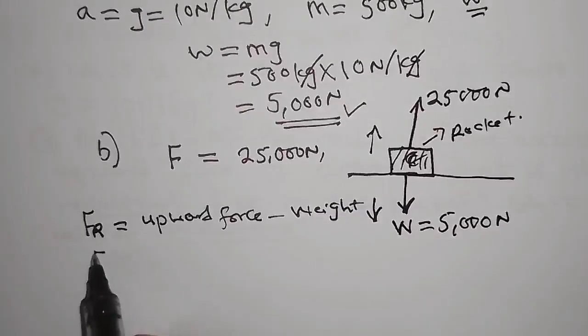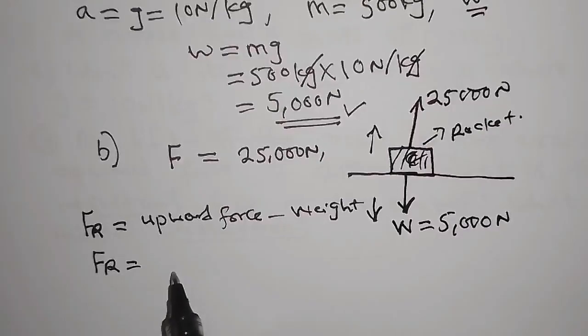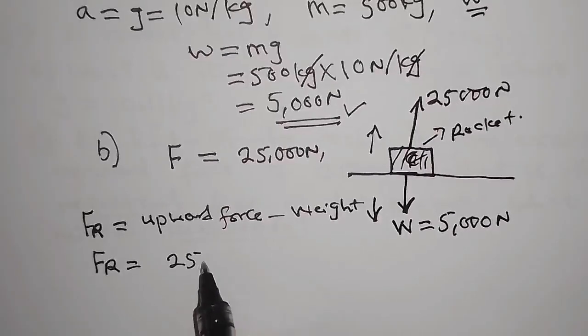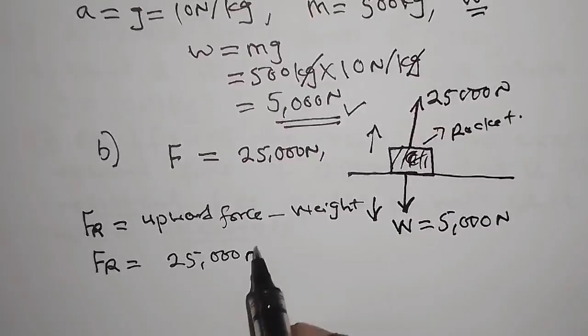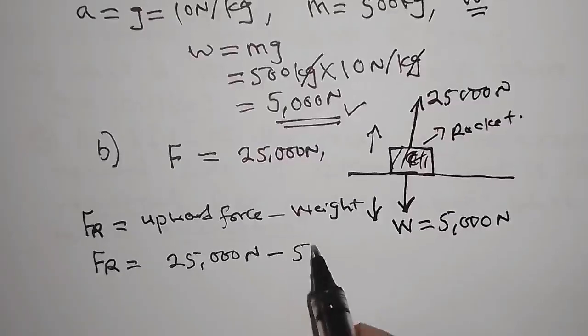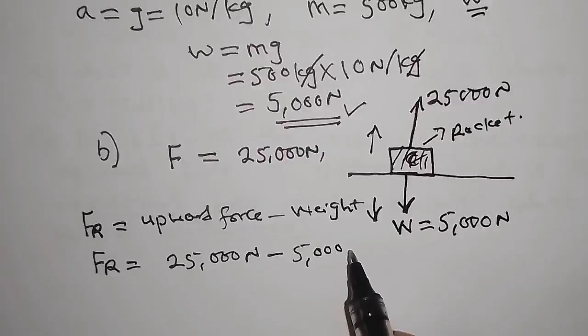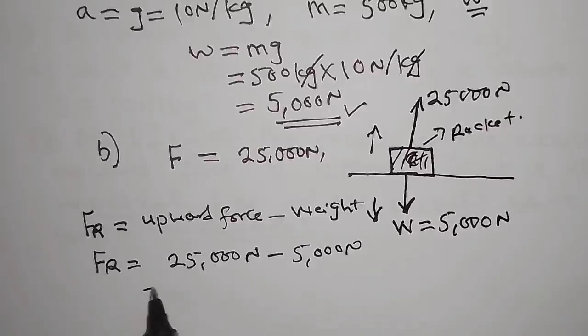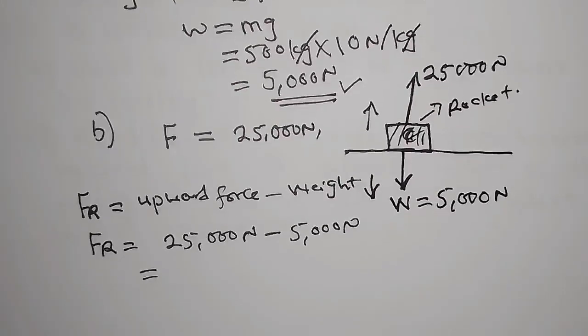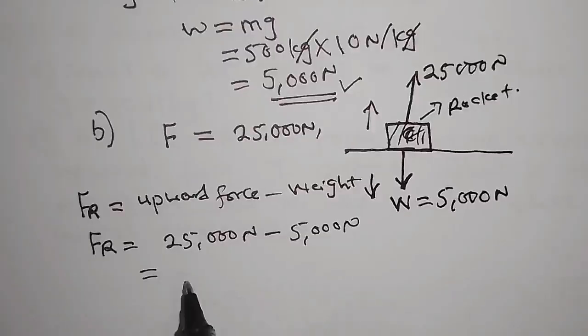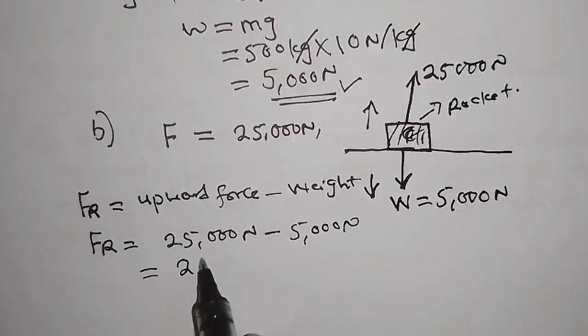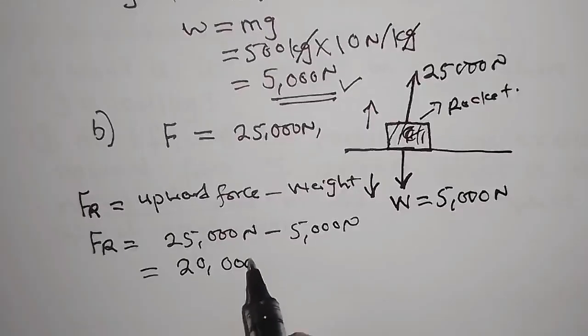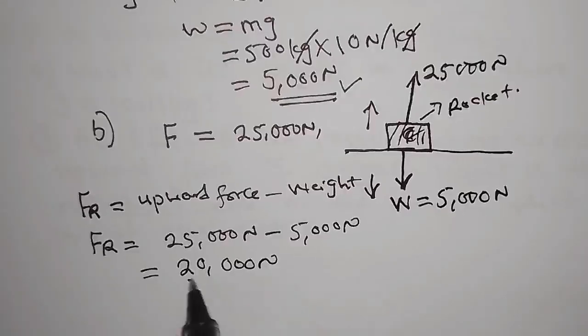So the resultant is going to be 25,000 Newton minus 5,000 Newton. Once you do that, you are going to have 20,000 Newton.